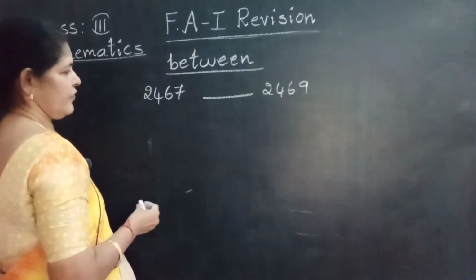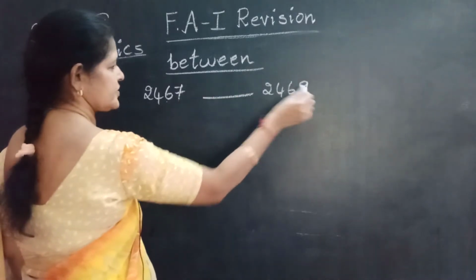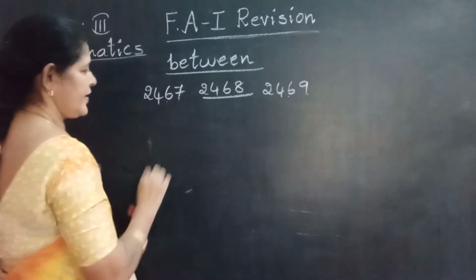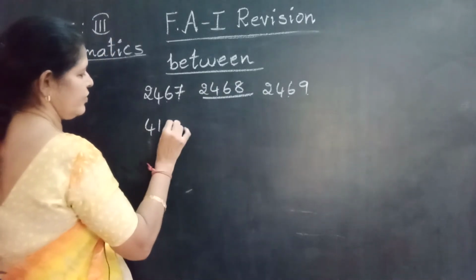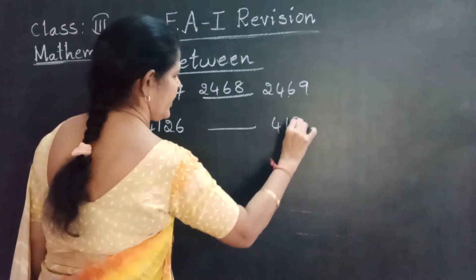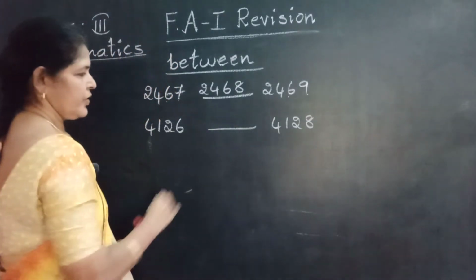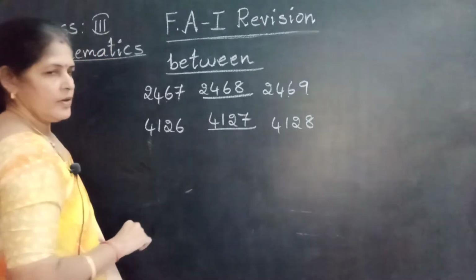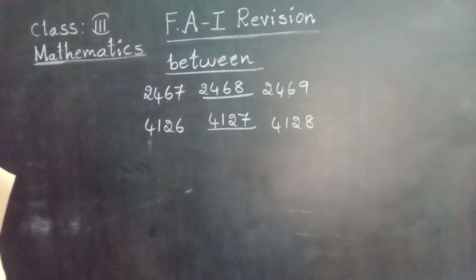What comes in between? 67 and 69. 2468. 4126, 4128: 4127. Okay, these are between numbers.